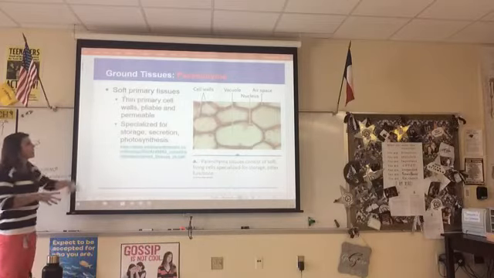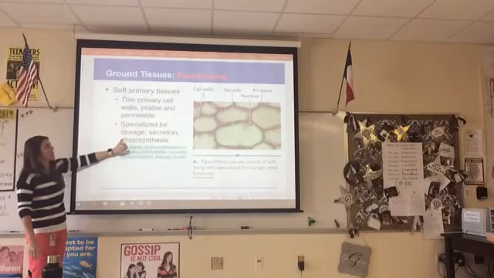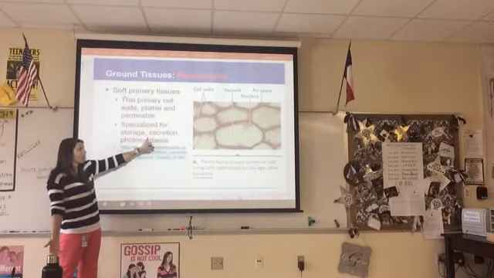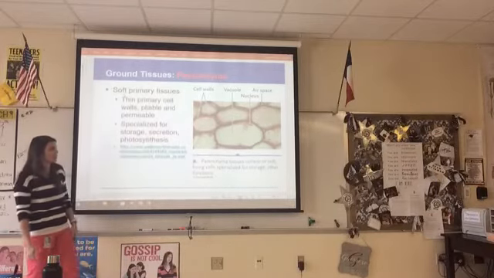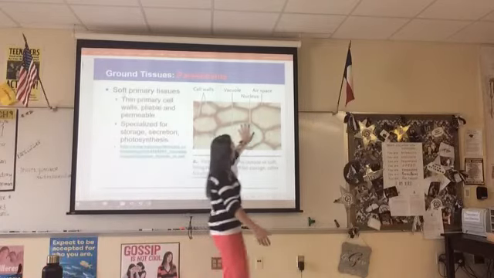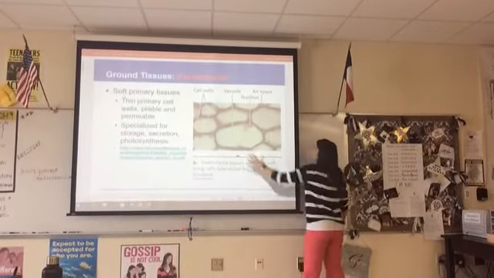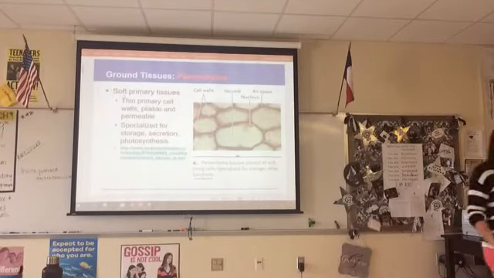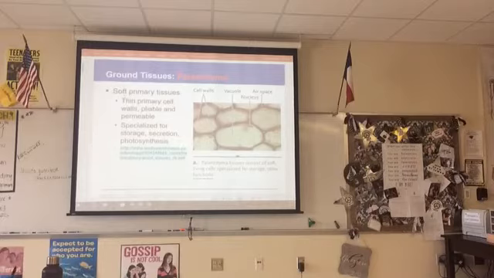These cells are specialized for storage, because we're going to store a lot of glucose, which is why you like to eat them, secretion, and photosynthesis. So you can see we have a bunch of parenchymal cells here.